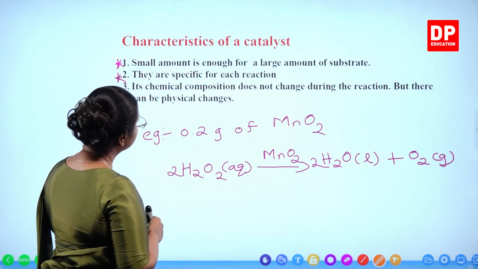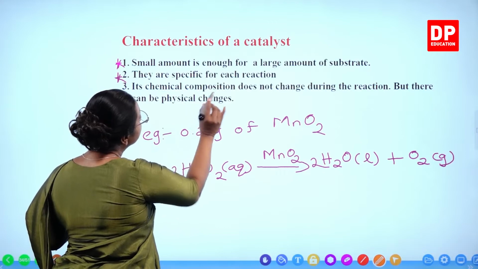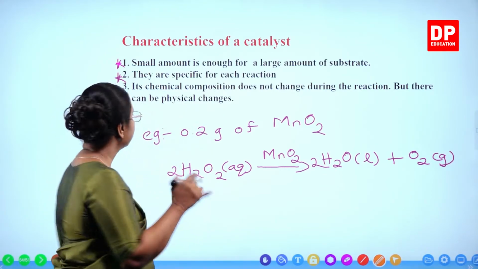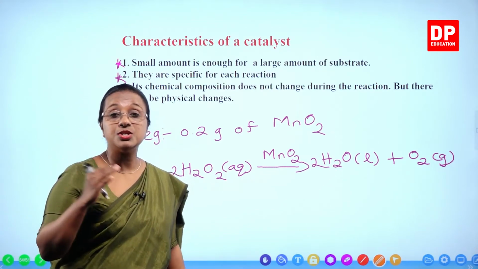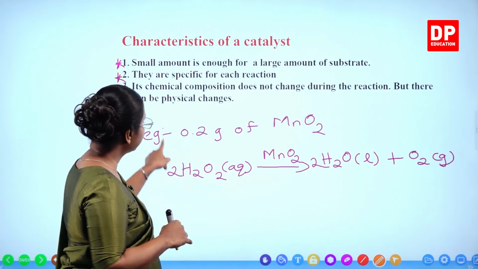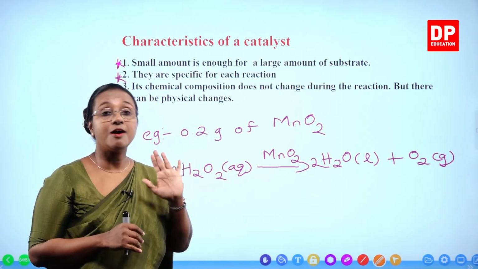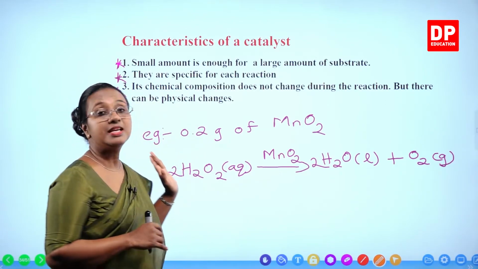And the third one, that is also something that we have discussed before, its chemical composition does not change during the reaction. That is what we said as it is not chemically consumed during the reaction. You take 0.2 grams, the same 0.2 grams will remain after the reaction. But there can be physical changes.